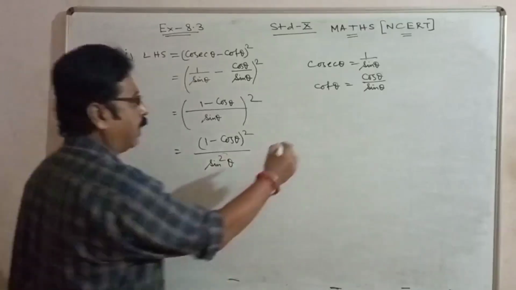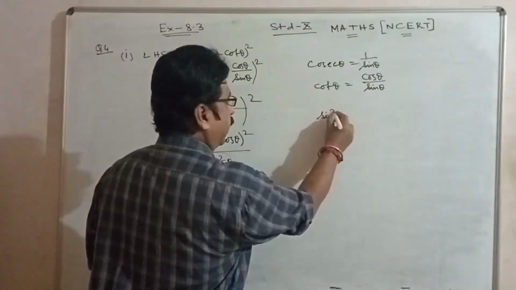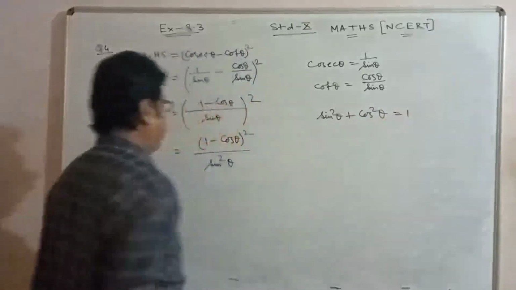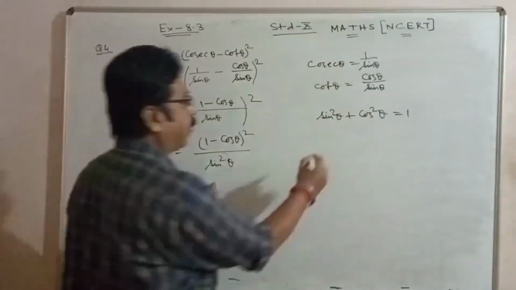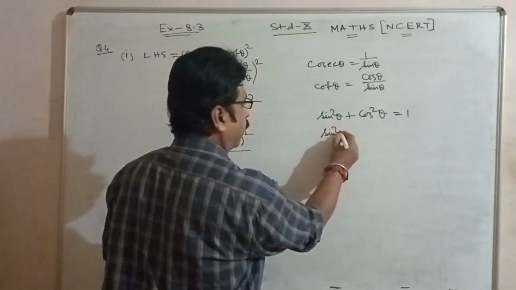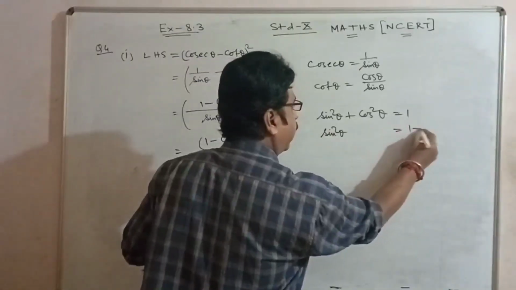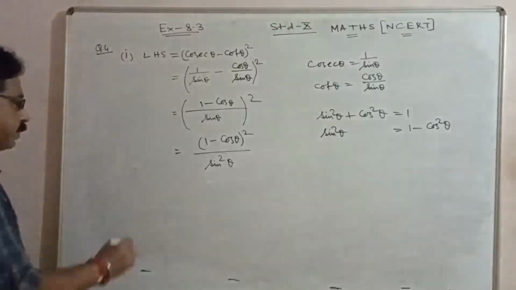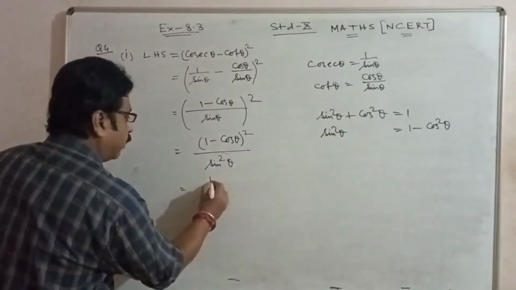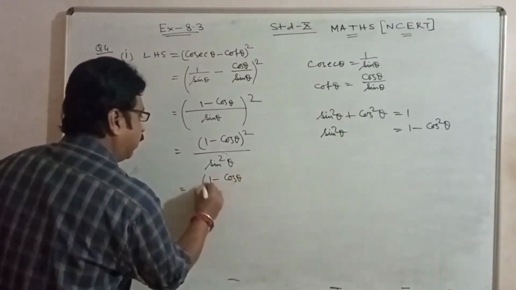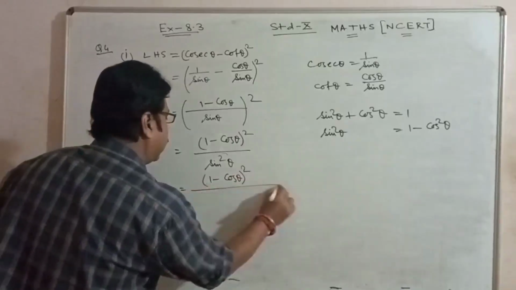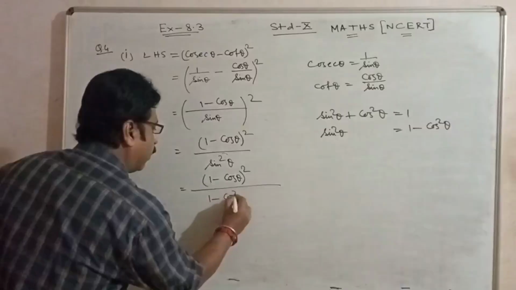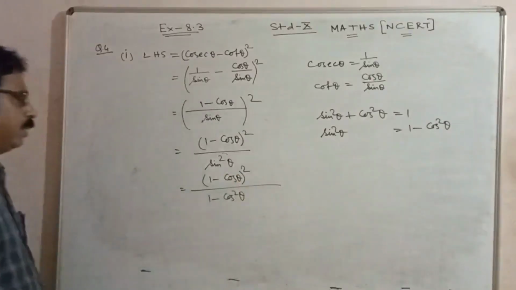Now we know sin square theta plus cos square theta is 1. Sin square theta will be 1 minus cos square theta. So 1 minus cos theta whole square upon 1 minus cos square theta.